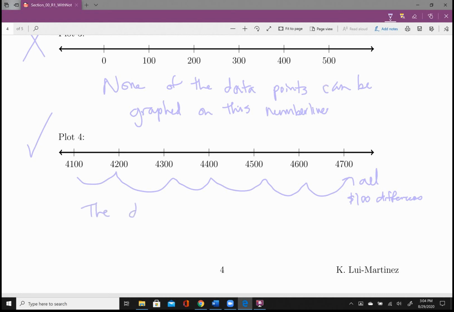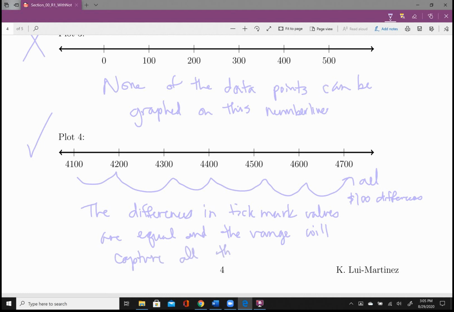The differences in tick mark values are equal, and the range will capture all the data, with little overlap.